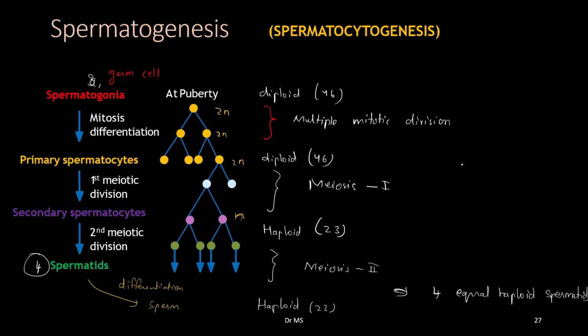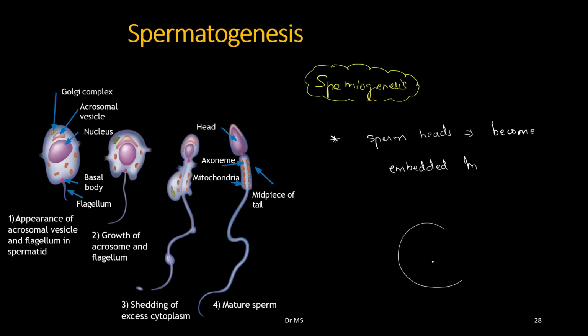The Sertoli cells are all around, and the sperms embed their heads into them. This forms the specialized sperm.